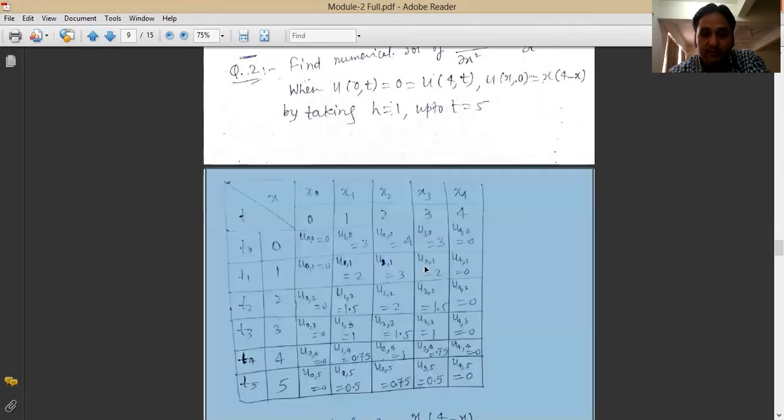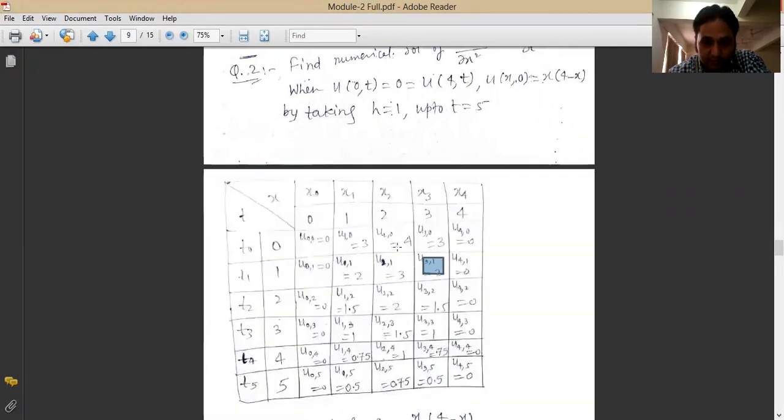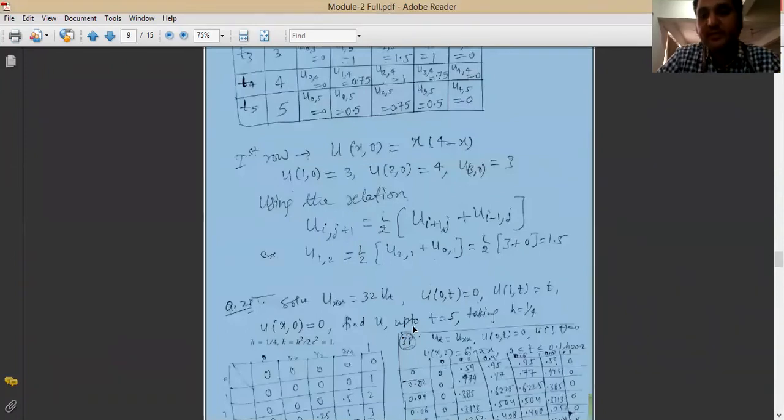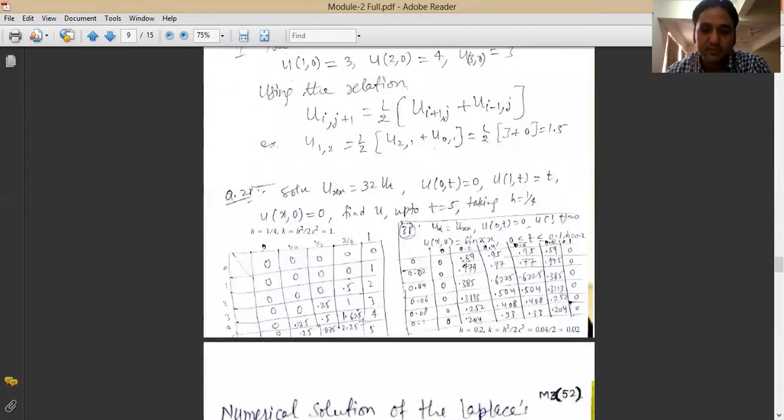Check this one also, how it comes? 4 plus 0, 4 by 2 comes this 2. Okay, so like that you will calculate all the values, and the missing values will be calculated, means the problem is solved, right? We can make the further conclusion for the problem, right?